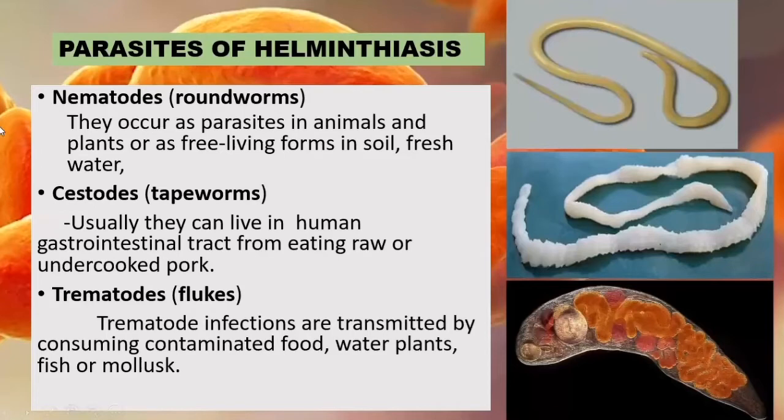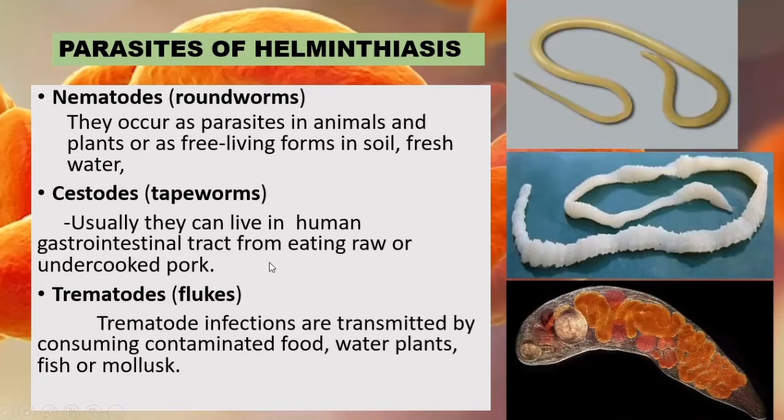So let's define each. These are the different parasites of helminthiasis. There are three types: the nematodes, also known as the roundworms; the cestodes, also known as the tapeworms; and the trematodes, which are the flukes. These are pictures of the helminthiasis types of worm. Nematodes are among the most abundant animals on earth. They occur as parasites in animals and plants or as free-living forms in soil or fresh water.